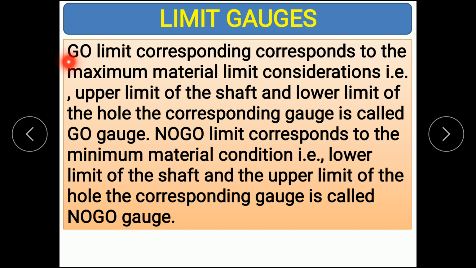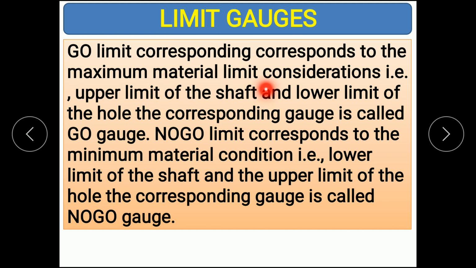Go limit corresponds to the maximum material limit, that is upper limit of the shaft and lower limit of the hole. The corresponding gauge is called go gauge. मतलब go gauge is used to check the upper limit of the shaft and lower limit of the hole, that is maximum material condition.